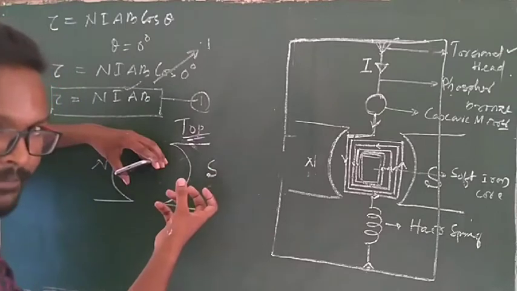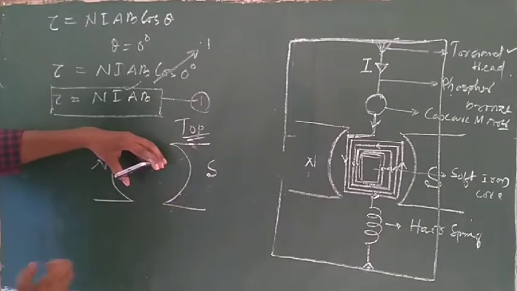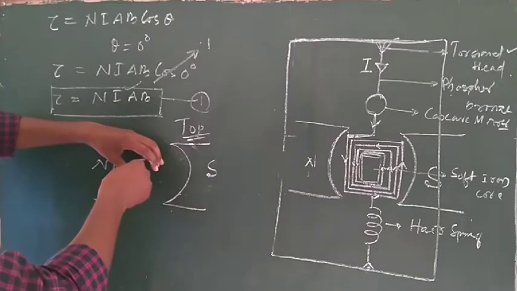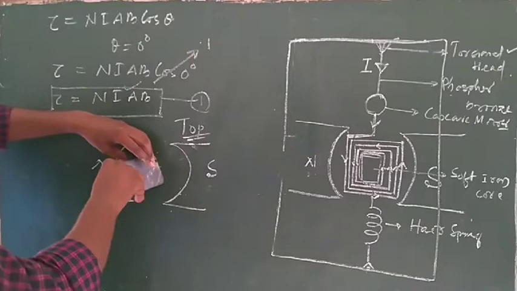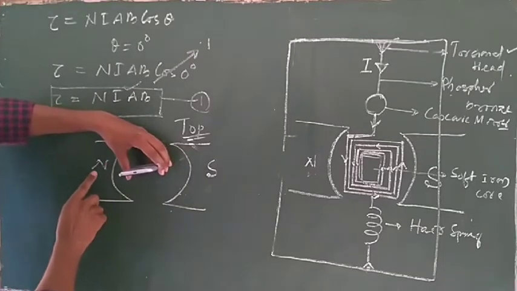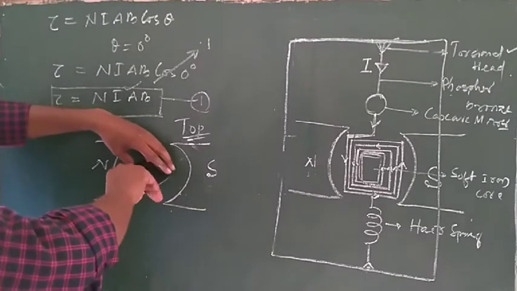due to this current it experiences a torque. Clear? Suppose this is the direction of torque, then the coil rotates inside the magnet, between north pole and south pole, inside a strong magnetic field.